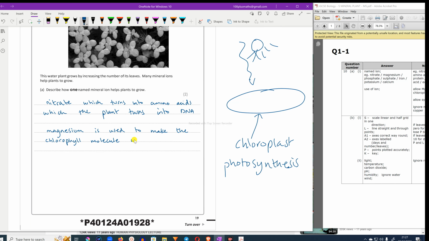Okay, right. That's got a green pigment or a green color here. That green color is made by a molecule, chlorophyll, right, in the chloroplast, which is used during photosynthesis.